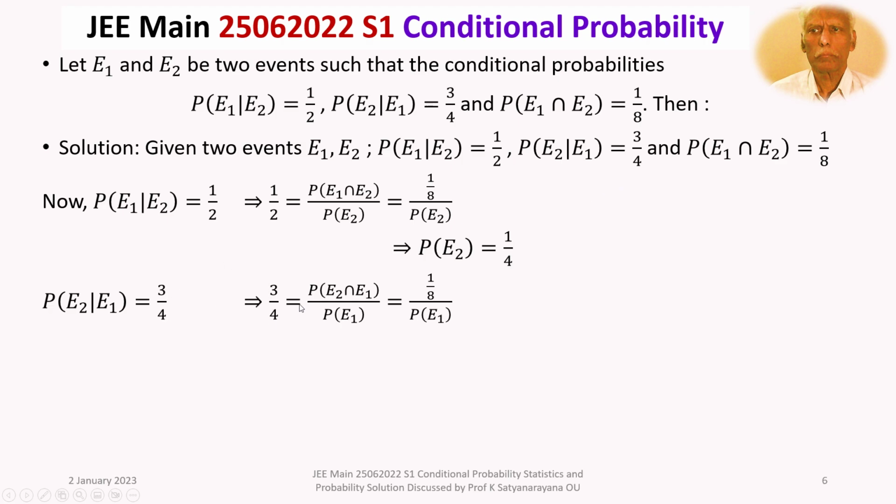So 3 by 4 is equal to probability of E2 intersection E1 by probability of E1, that is 1 by 8 by probability of E1. From this we get probability of E1 is 1 by 6. Thus we got probability of E1 and probability of E2. And now we will go to the options and verify which one is true.